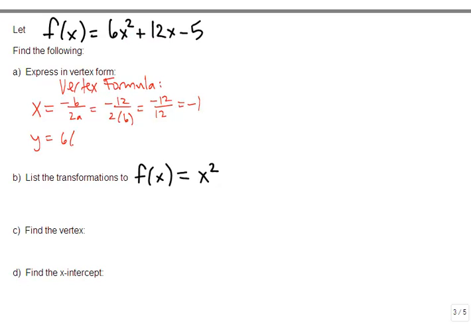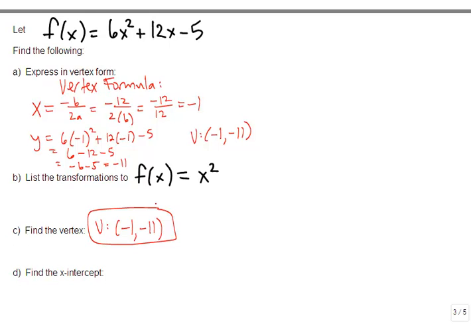So 6 parentheses negative 1 squared plus 12 parentheses negative 1 minus 5. So that's 6 times 1 is 6 minus 12 minus 5, and that's negative 6 minus 5, or negative 11. So my vertex is at negative 1 for x, negative 11 for y. And I'm going to go ahead and put that down here as well, since we need to know that.